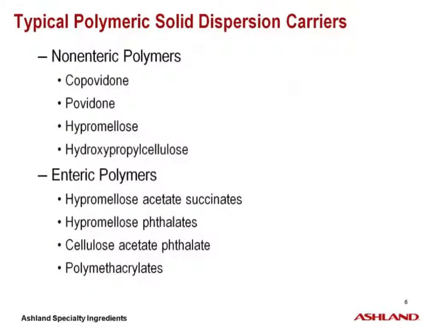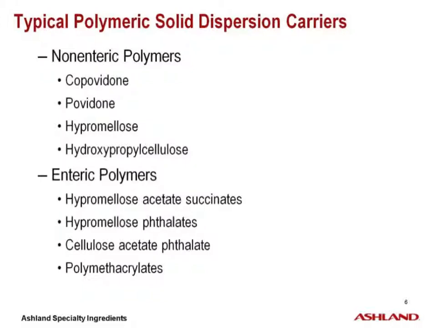Here is a list of typical polymeric solid dispersion carriers. The non-enteric polymers are not ionizable and can dissolve fast in both gastric and intestinal fluids. These polymers include Copovidone, Povidone, HPMC, and HPC.